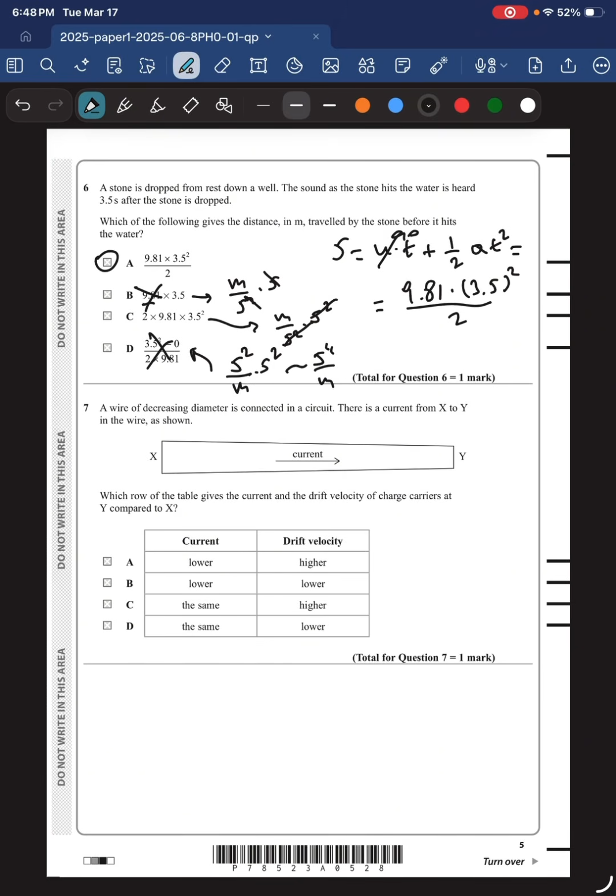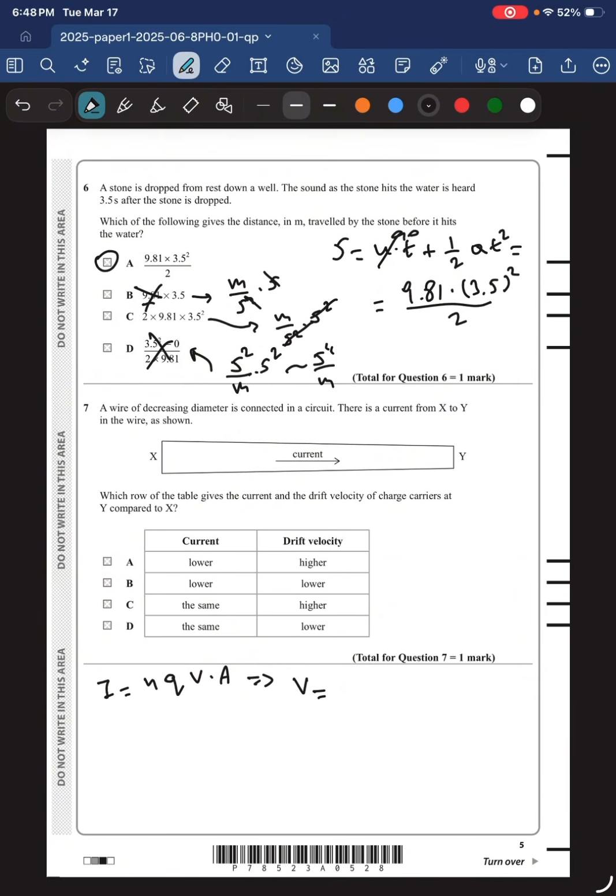A wire of decreasing diameter is connected in a circuit. There is a current from X to Y in the wire as shown. Which row of the table gives the current and the drift velocity of charge carriers at Y compared to X? The current is given by the number of charge carriers times the charge times the drift velocity times the cross-sectional area.